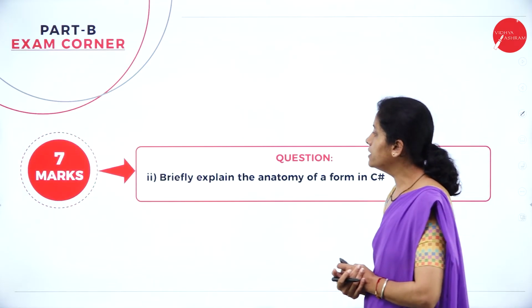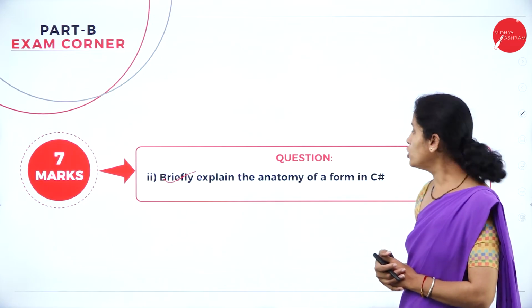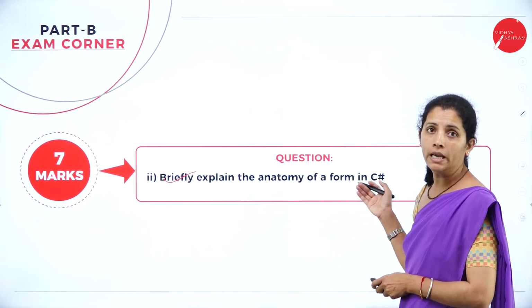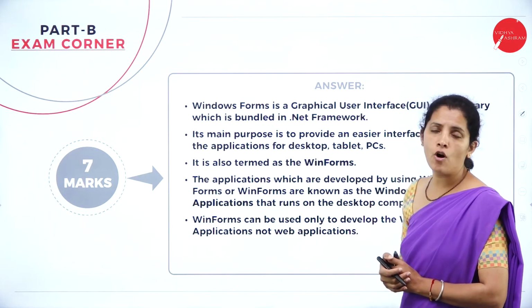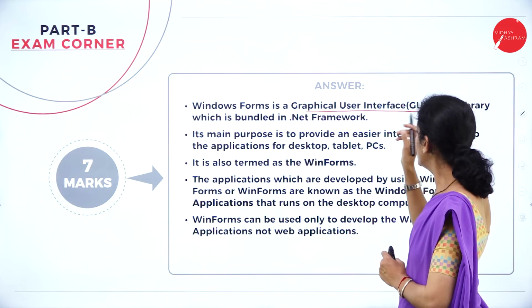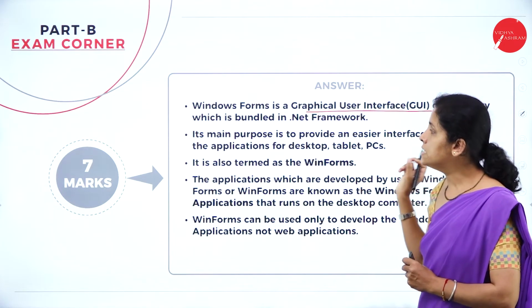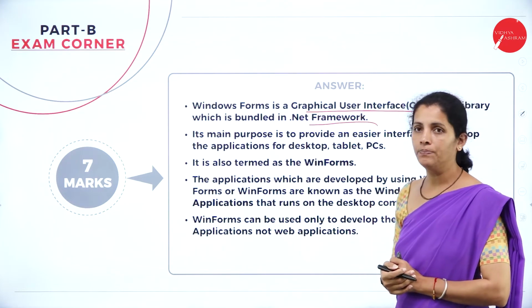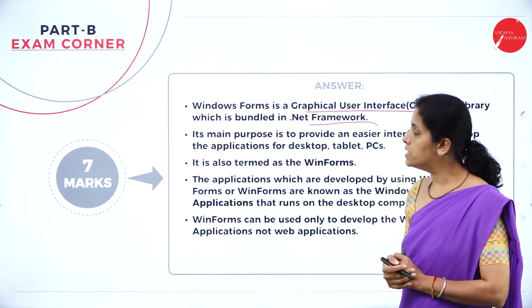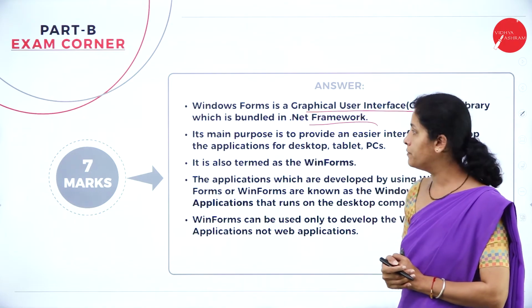Now, the next question, briefly explain the anatomy of a form in C#. So dear student, Windows Form is a graphical user interface class library which is bundled in the .NET framework. The main purpose is to provide attractive graphical user interface.